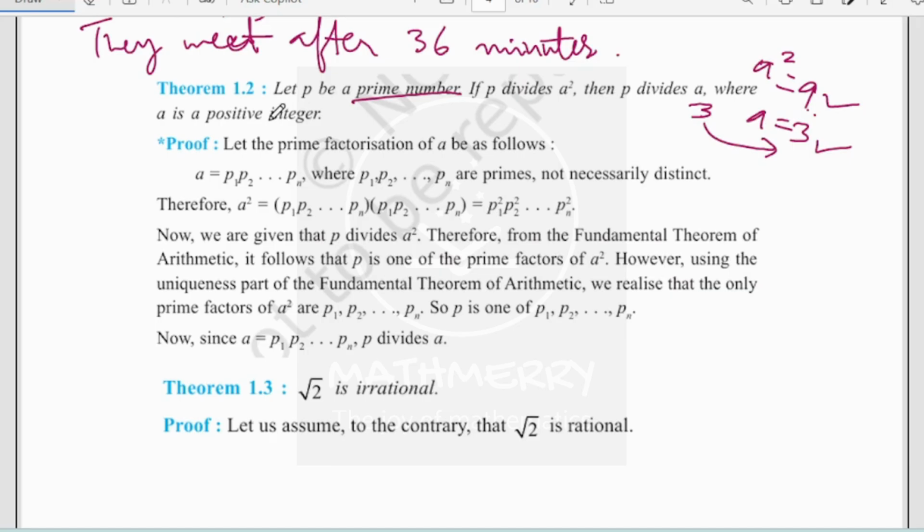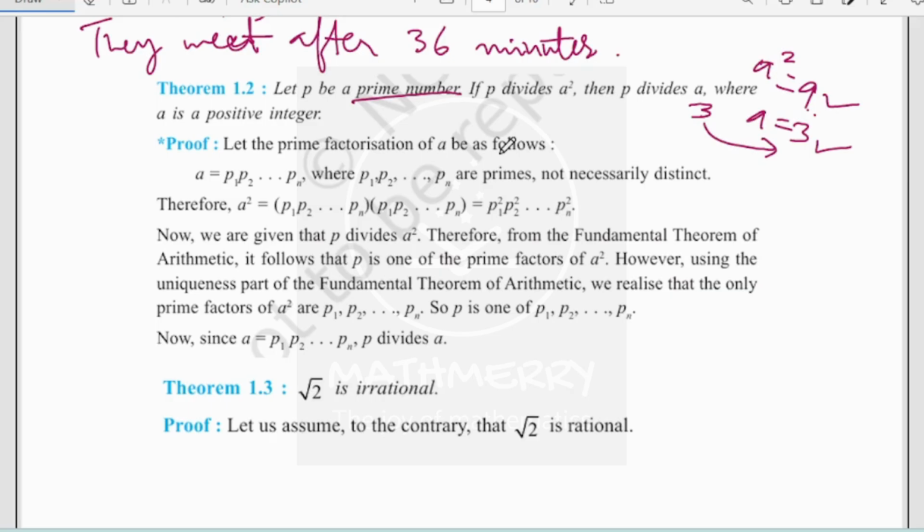So the proof is also given. What we are doing is just prime factorization, where A is represented in the form of P1 into P2 into P3 into etc. up to Pn, where these P1, P2 etc. are prime numbers, and this expression is unique. It's a prime factorization.